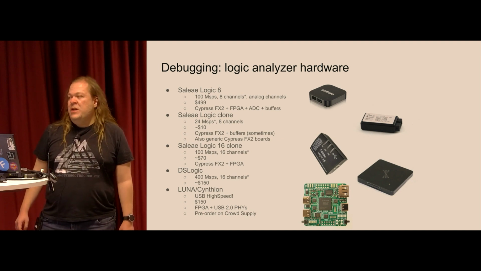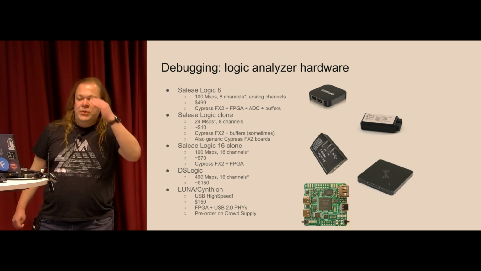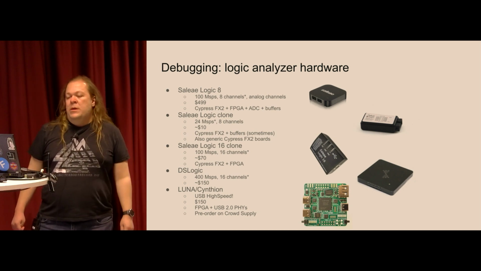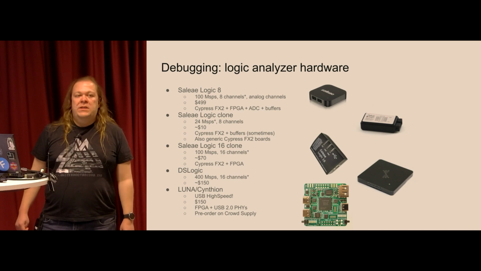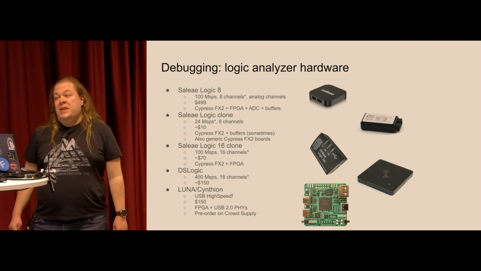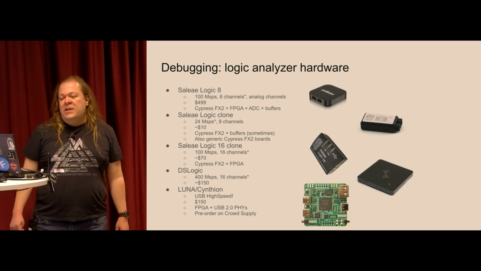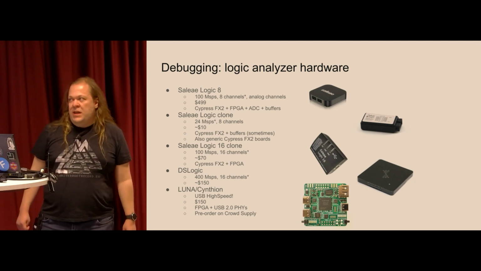And we have a specialized device which is called LUNA, or it was for some reason renamed to Cynthion. It is capable of analyzing USB high speed, which is quite rare, and usually if you have a production device which is capable of analyzing USB high speed, it is really expensive. None of the logic analyzers above are capable of analyzing this USB speed.